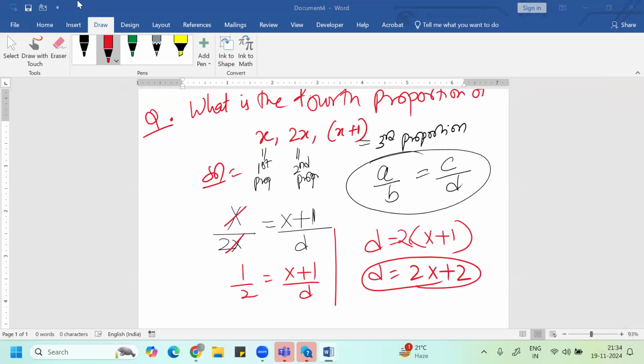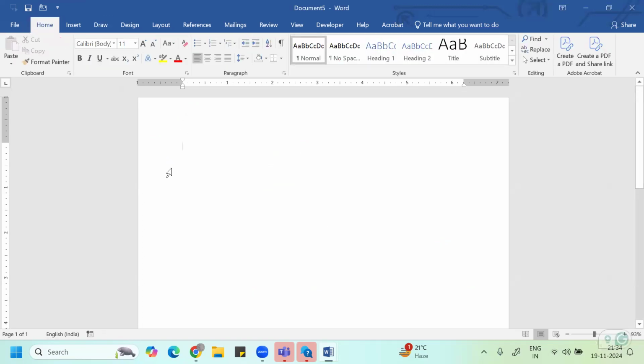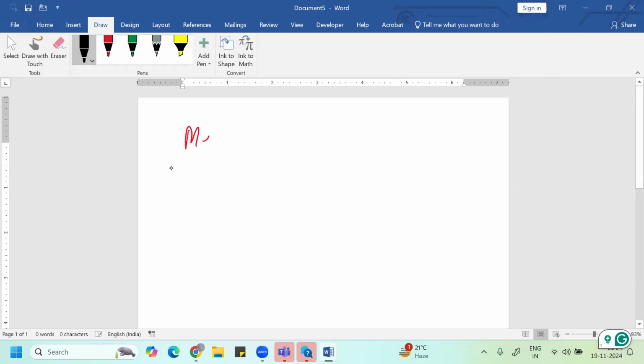Clear everyone? So please remember, you will get questions in three manners. Either they'll ask you the mean proportion. If they are asking you mean proportion, remember the formula: the square root of AB.